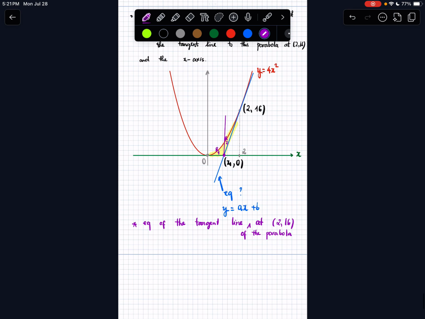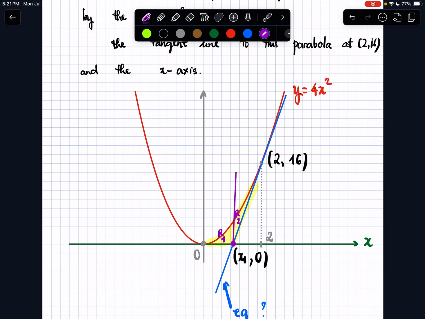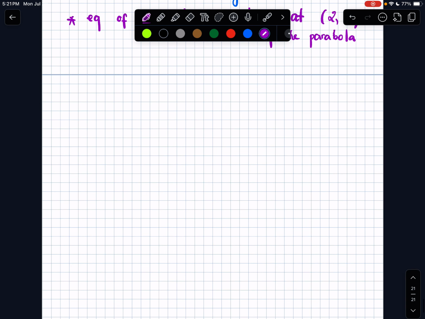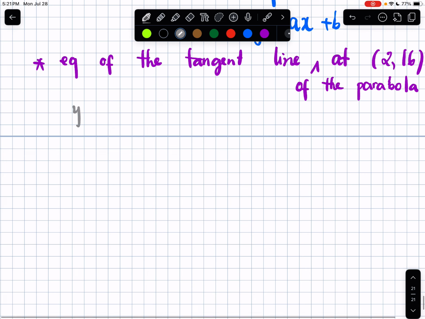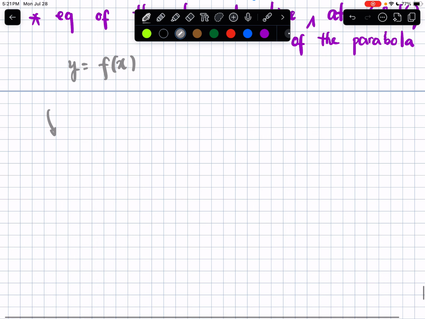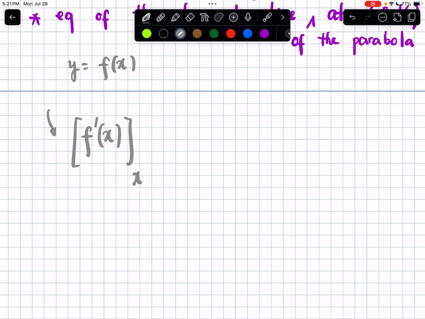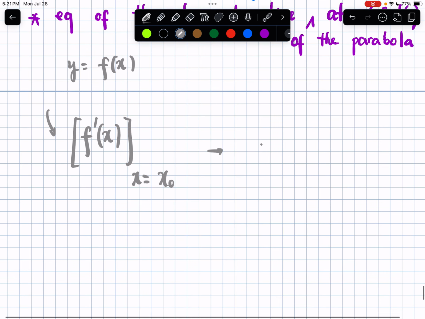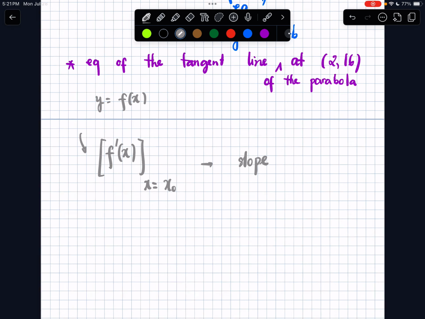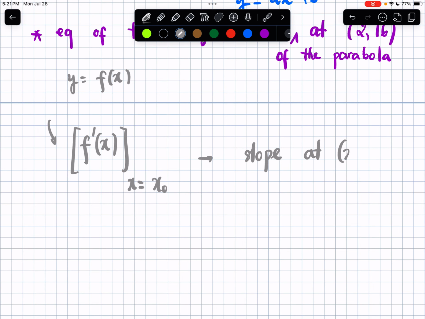Recall that when we find the tangent line of a curve, say y equals f of x, at some point, the slope is computed via the derivative. f prime of x0 gives us the slope at the point (x0, f of x0).